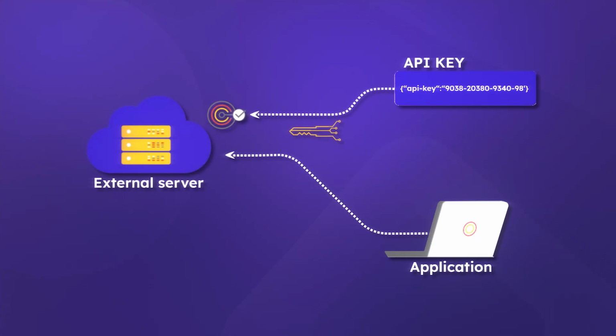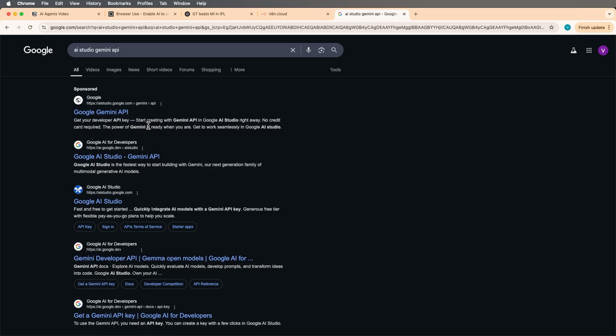All these LLMs, when you're using them on their website, most of them have a pretty lenient free trial. But when you are using them programmatically, you need an API key for them. So for now, we will be using Gemini because it has a pretty decent free tier on the API as well.